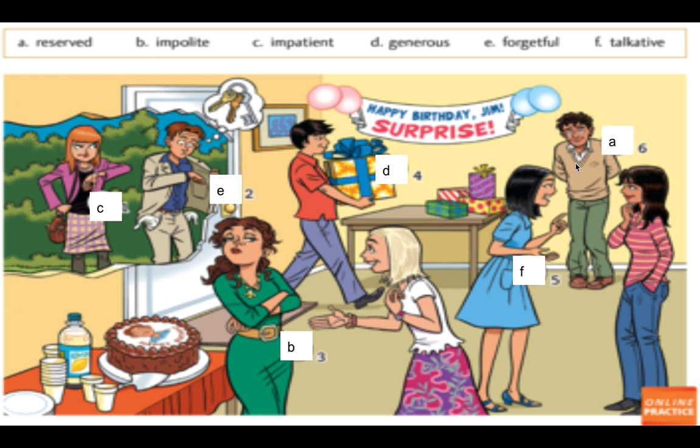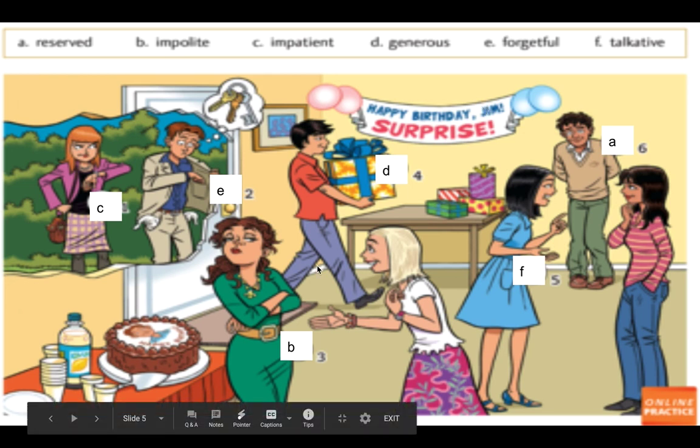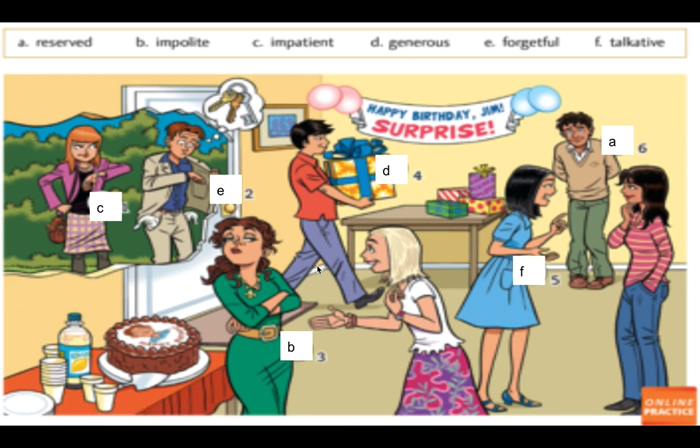He's reserved. He's not very talkative. I think he wants to talk to one of these girls, but he's too reserved. He's kind of scared. Anyway, happy birthday, Jim. He's going to have a delicious cake. Let's move on.